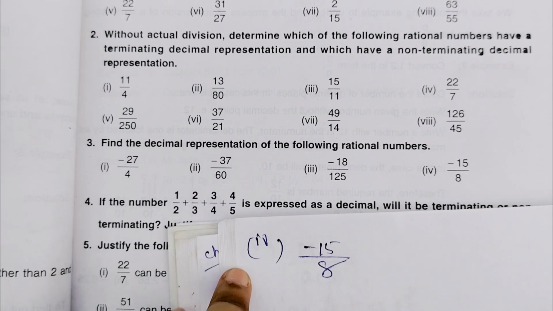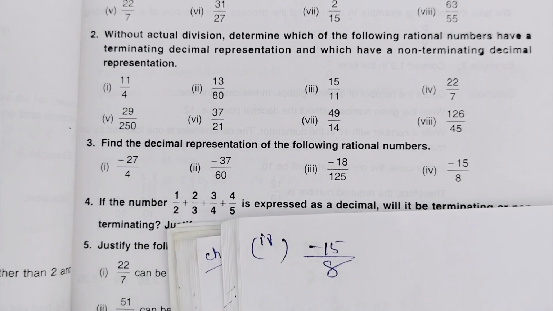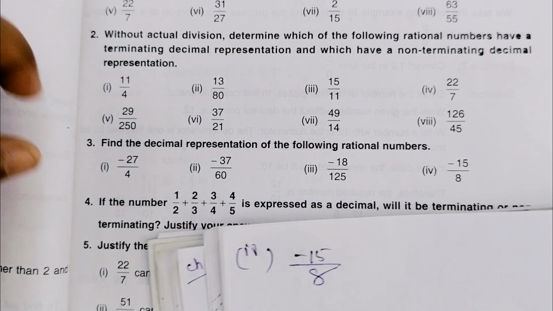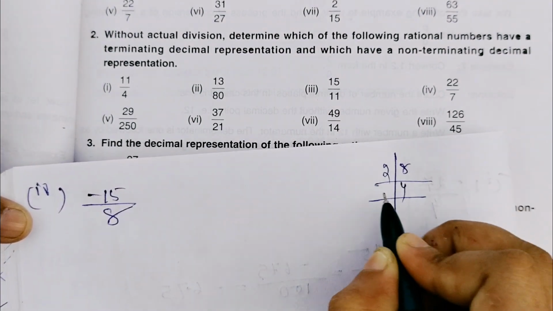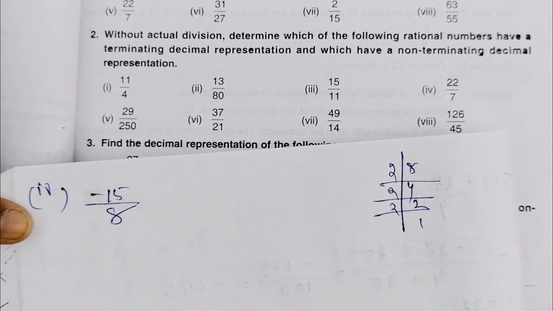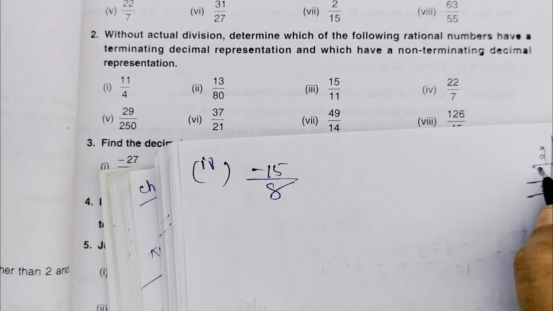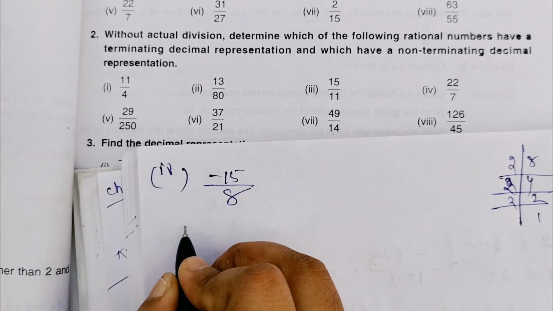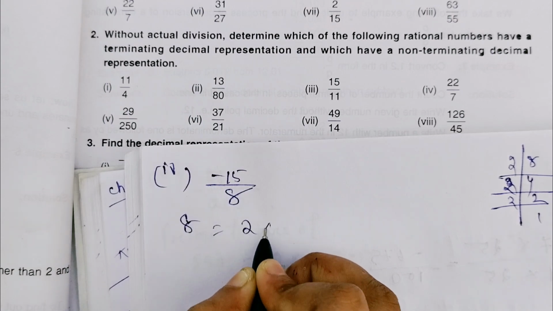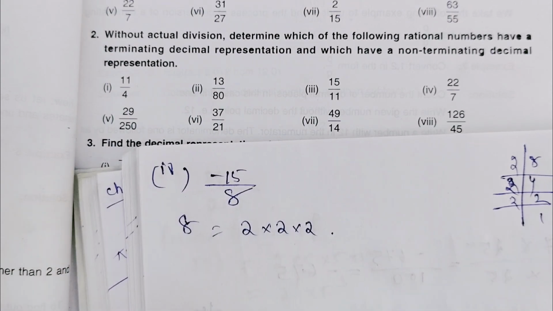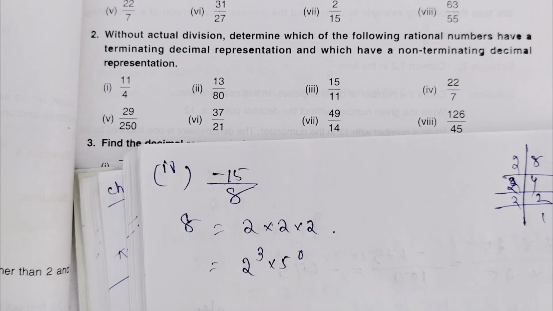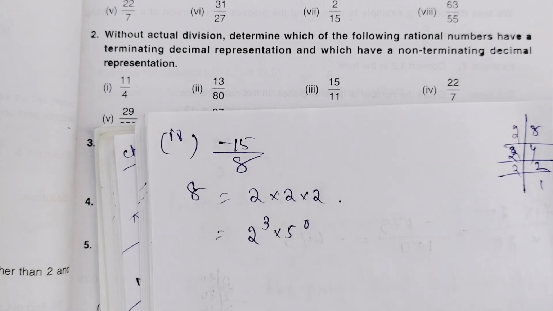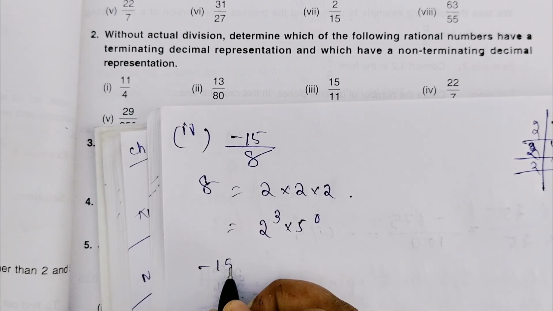Another part is minus 15 by 8. First we find the prime factors of 8. 2 times 4 is 8, 2 times 2 is 4, 2 times 1 is 2. So the prime factors of 8 equal 2 into 2 into 2. Then 2 to the power 3 into 5 to the power 0. So it is a terminating decimal number. We write minus 15 by 8.